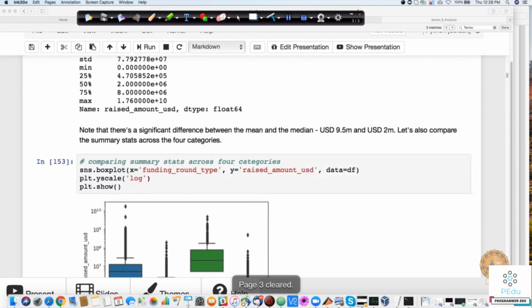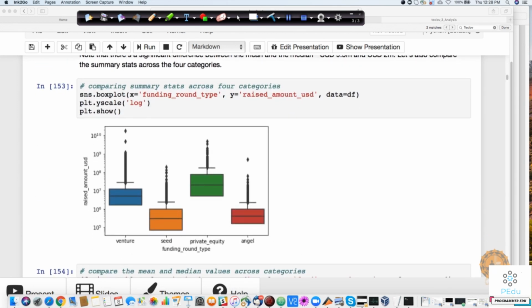Now let's go ahead and see a few more components. Let's draw a box plot, and this box plot is again for all the funding types. On the y-axis with the log scale, we have put raised amount USD, and on the x-axis we have put venture, seed, private equity, and angel. This gives us an insight into how the data is distributed.